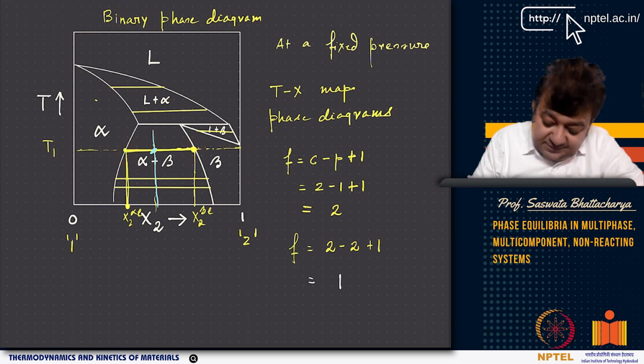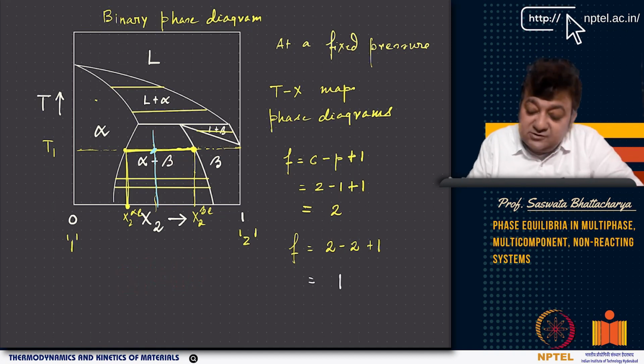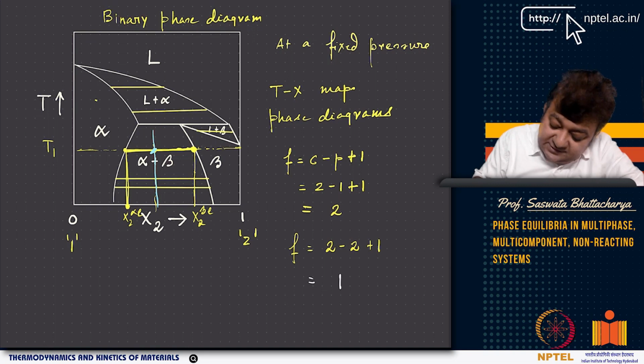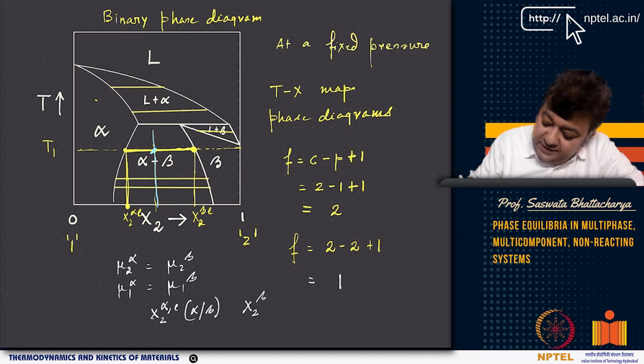That means at this temperature T1, you are solving mu1 alpha equals mu1 beta, and also mu2 alpha equals mu2 beta. The solutions of these two equations give me X2 alpha equilibrium, where we are looking at the alpha-beta equilibrium, and also X2 beta equilibrium.